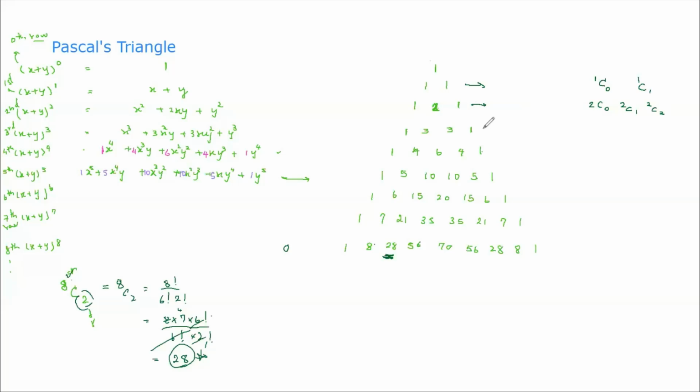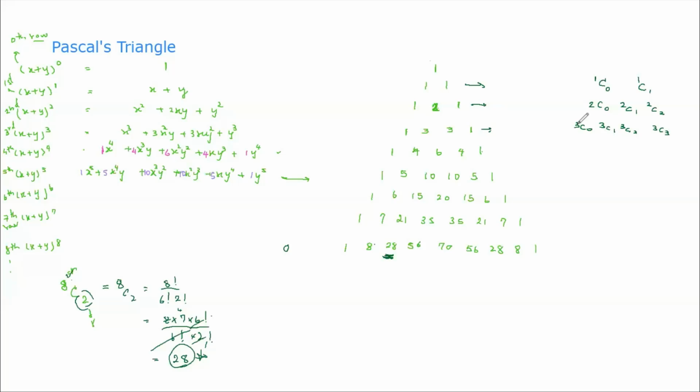Now the next one, the third row, x plus y to the power 3. This one you always start because it is the third row, so you write down 3C0. The next one is going to be 3C1, the third term is going to be 3C2, and the last one is going to be 3C3, in order.